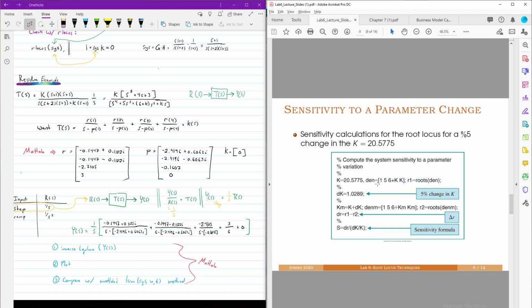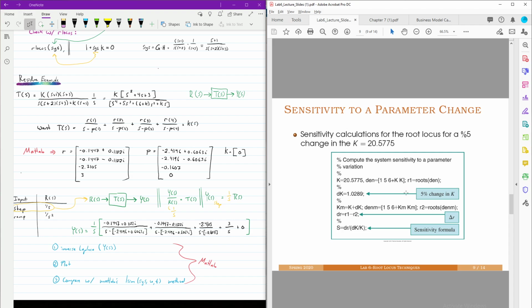So we just need the denominator here. So we have this k value, we have the denominator, and we can find the roots for this specific k value. Then we're going to change the k value by 5%, and we get a new k value, km, and we are going to plug that into this new system with this updated k value, and we're going to get a second root.